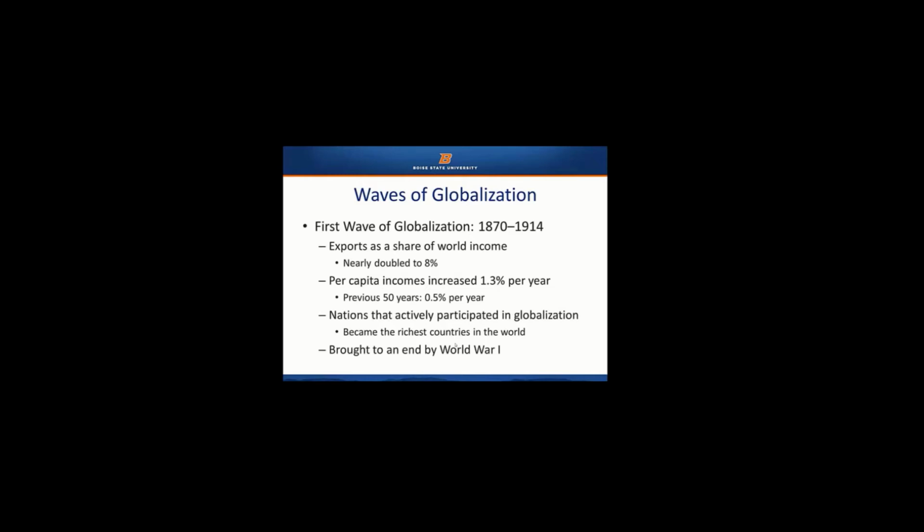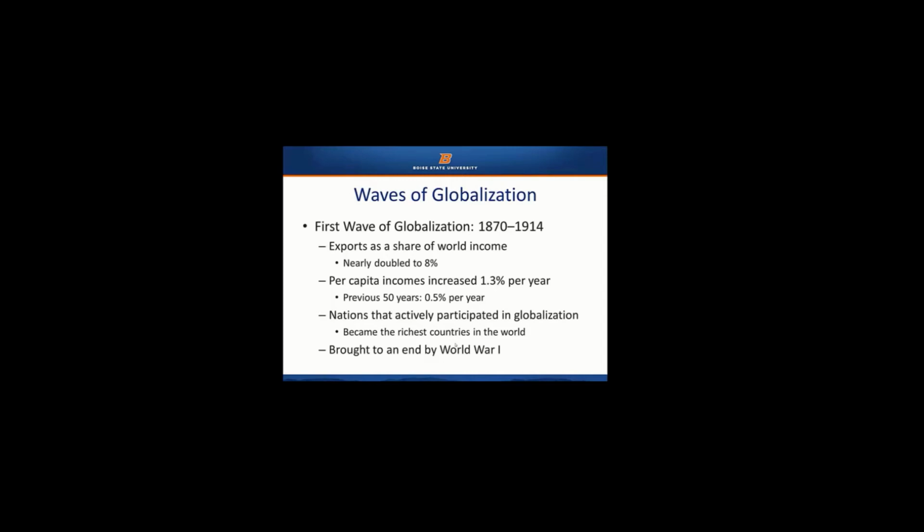As we talked about, during this period exports as a share of world income increased. It doubled in that period of time. Per capita income started increasing rapidly relative to what it was before. Per capita incomes had been rising at less than 1%, about 0.5% per year. Now per capita income is rising at 1.3%, along with the increase in the amount of world trade.